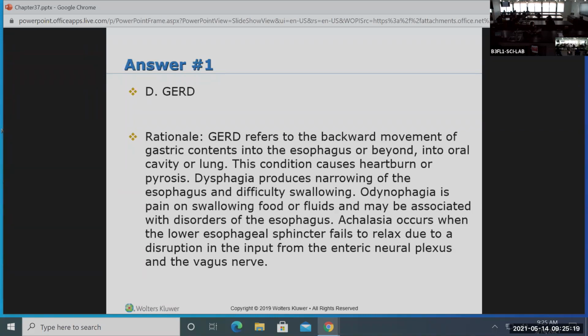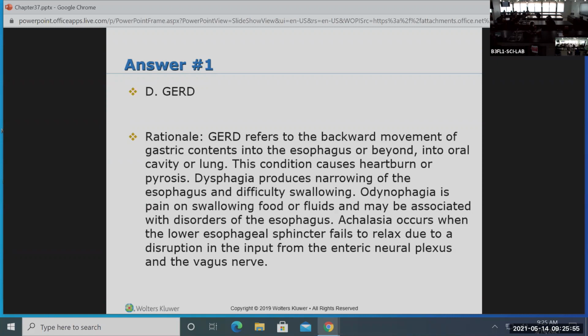Now, please highlight what gastroesophageal reflux disease is. It refers to the backward movement of the gastric content. Please highlight everything. Gastroesophageal reflux refers to the backward movement of the gastric content into the esophagus or beyond, into the oral cavity or lung. Look at those, the content of the stomach going backward.